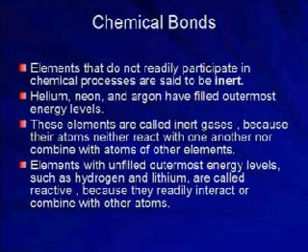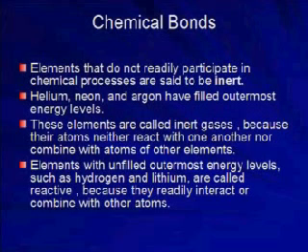Chemical bonding. Elements that do not readily participate in chemical processes are said to be inert. Helium, neon, and argon have filled outermost energy levels. These elements are called inert gases because their atoms neither react with one another nor combine with atoms of other elements.